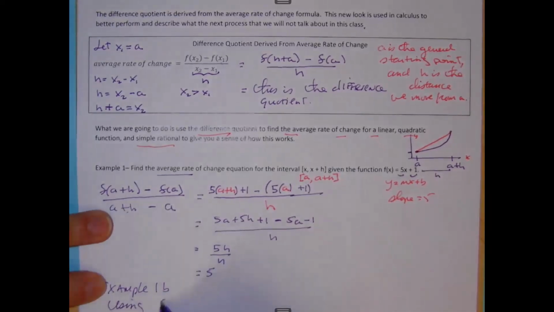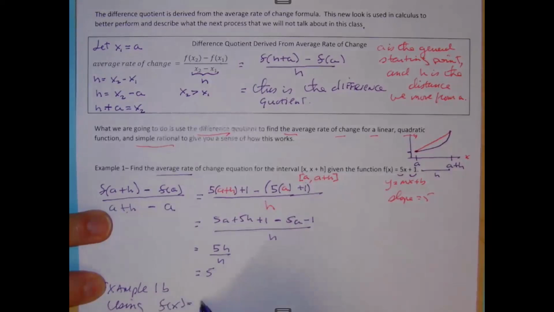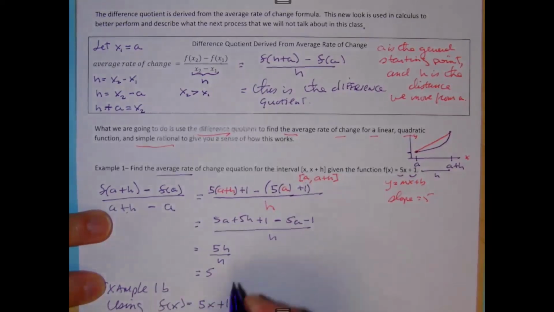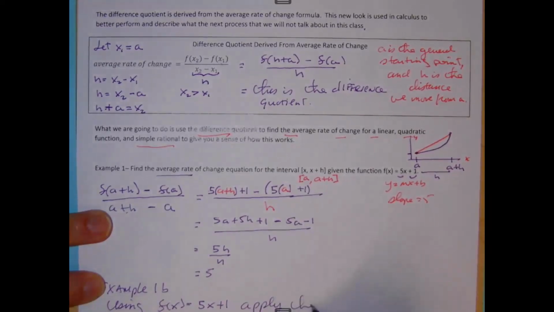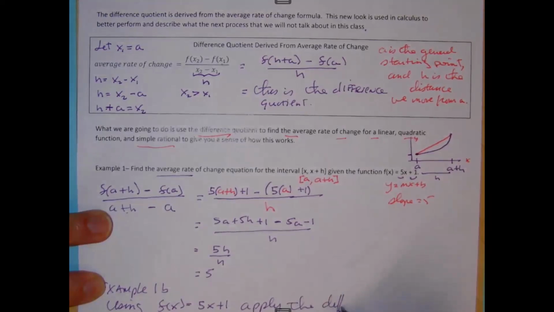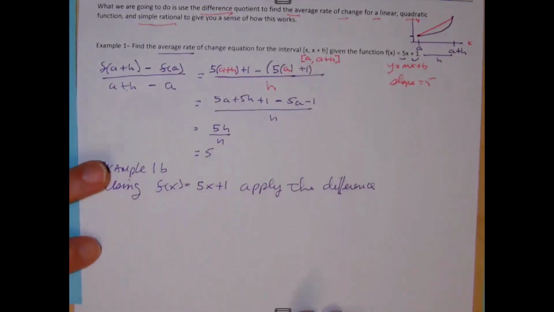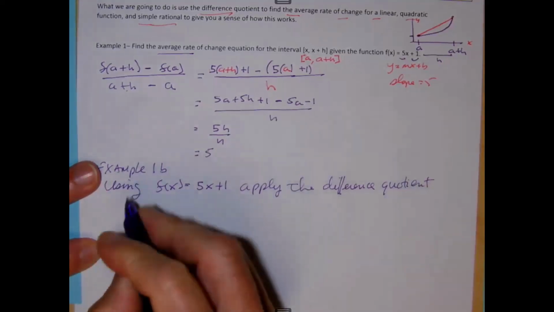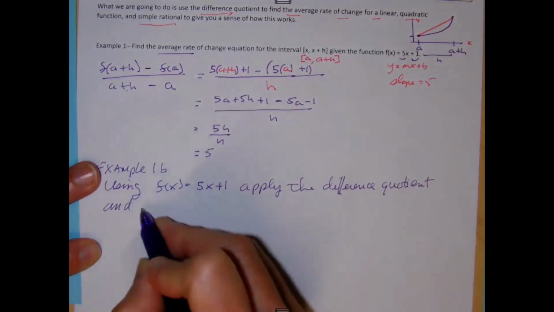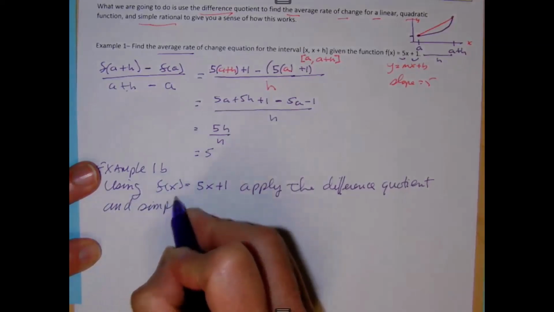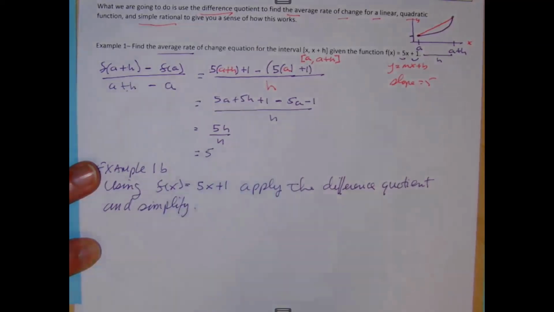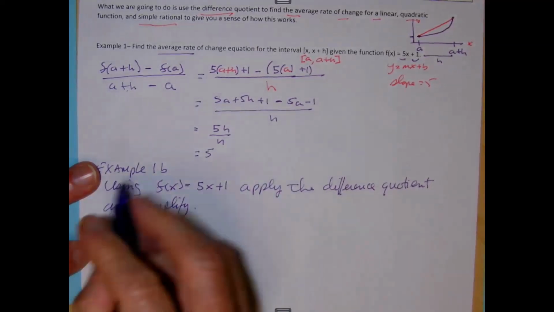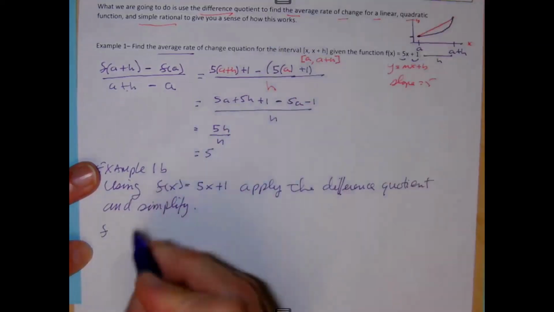Using f of x, which equals 5x plus 1, apply the difference quotient and simplify. Okay, so I'm going to use that as my function. So again, I'm going to write the difference quotient down.